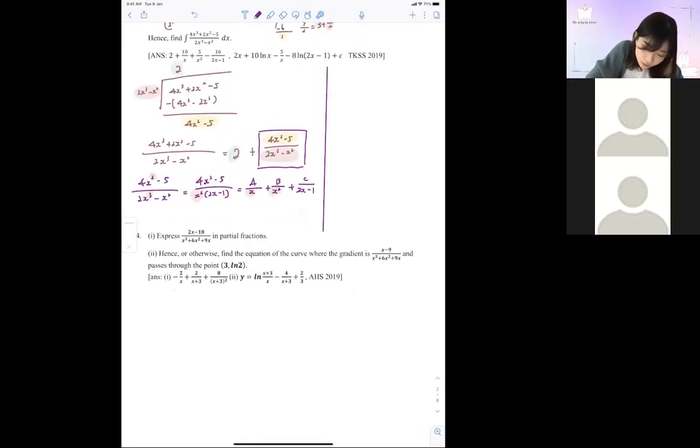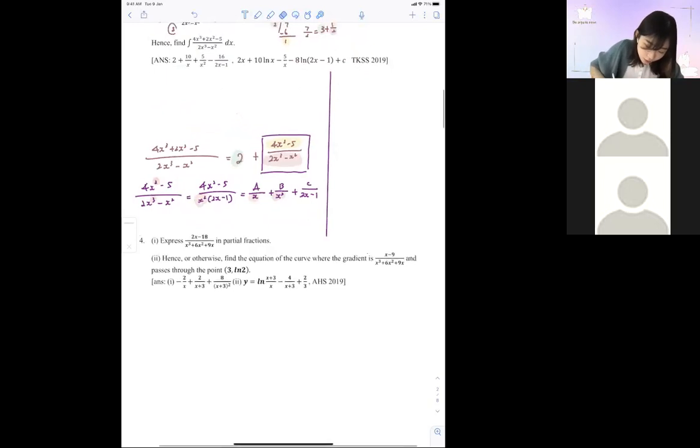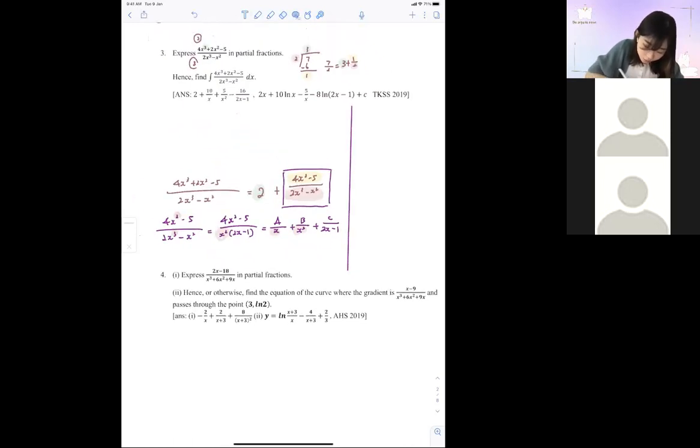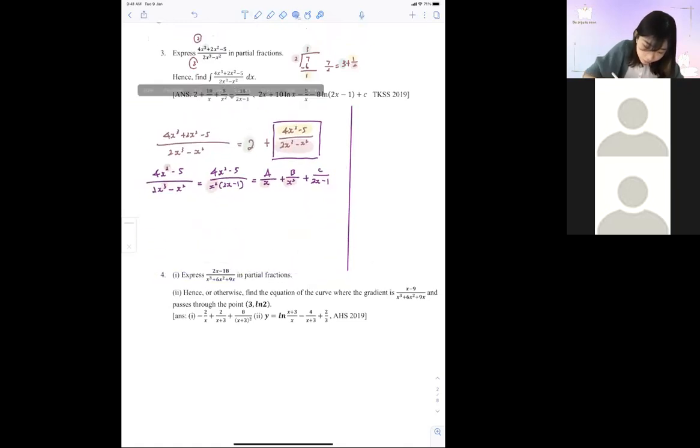So now you see, integrate 4x cubed plus 2x squared minus 5 over 2x cubed minus x squared. I think I erased this, I got no space really. You can rewrite this whole thing. Later you will find out that A is equal to 10, B is equal to 5, and C is equal to minus 16 over 2x minus 1.